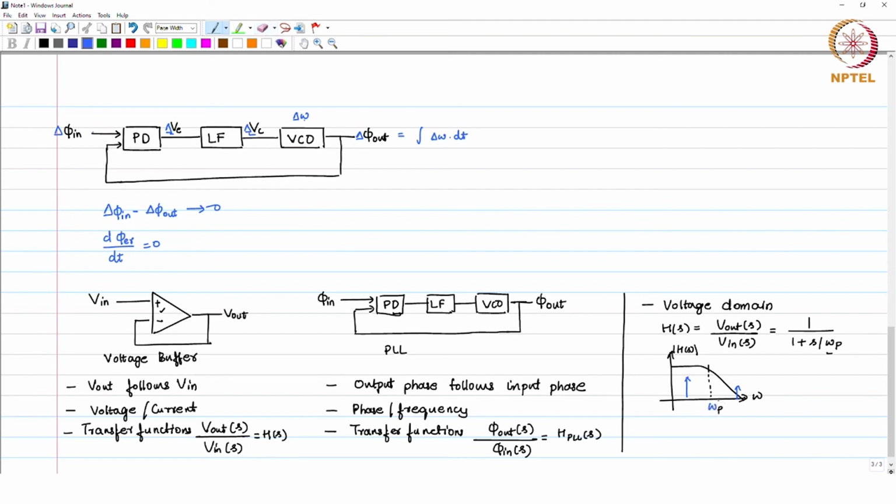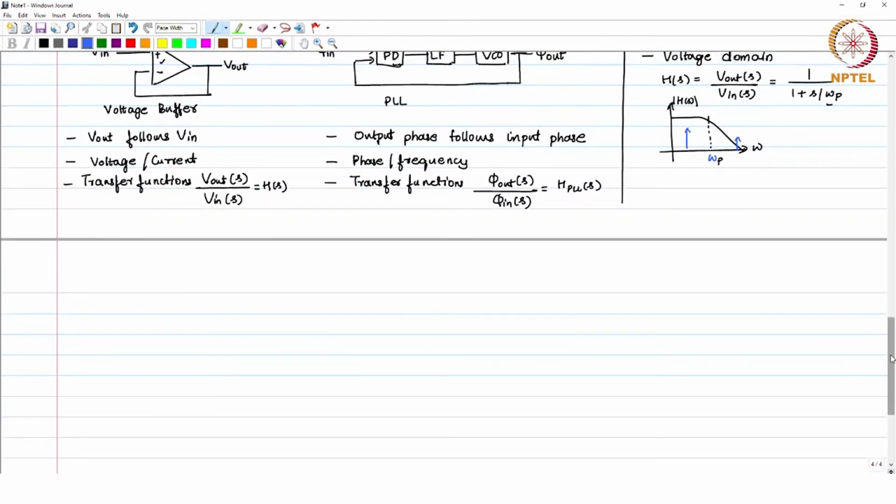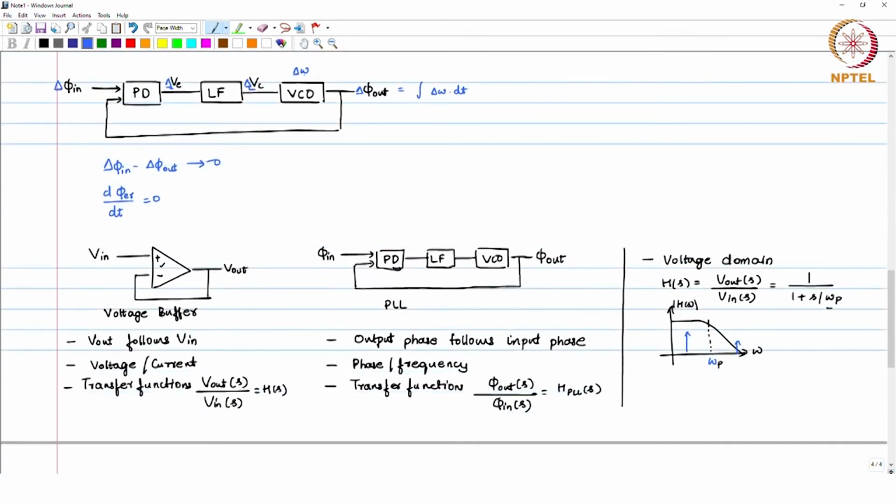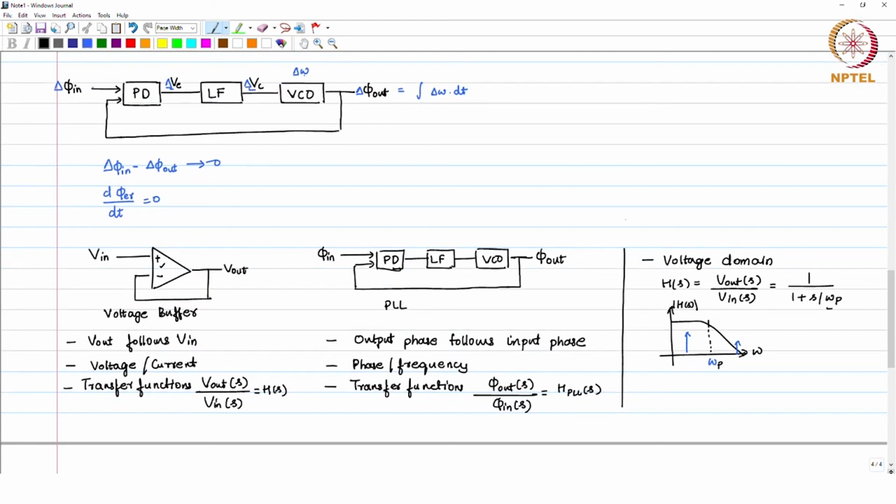Or you can say if you apply any change at the input which is within the bandwidth of this transfer function, that will come at the output, whereas if you apply any input outside the bandwidth, that will be rejected by the filter.